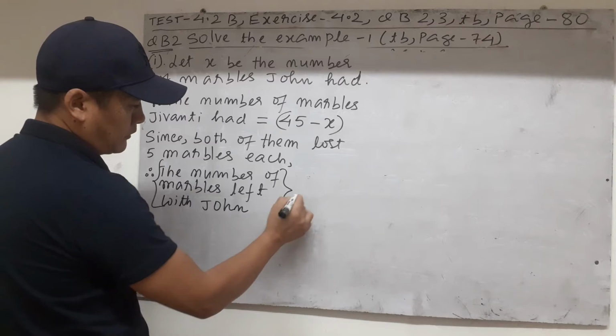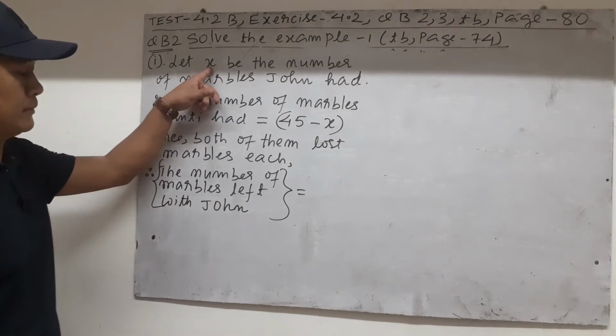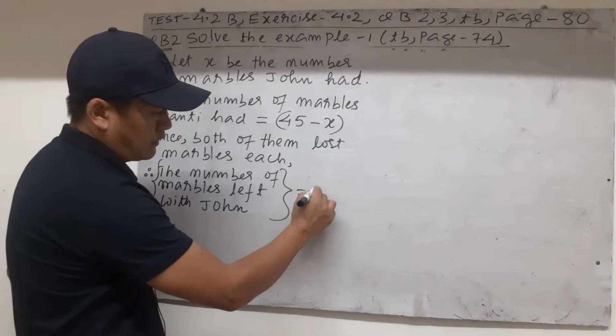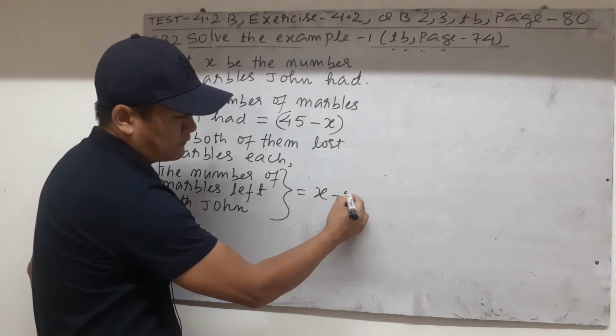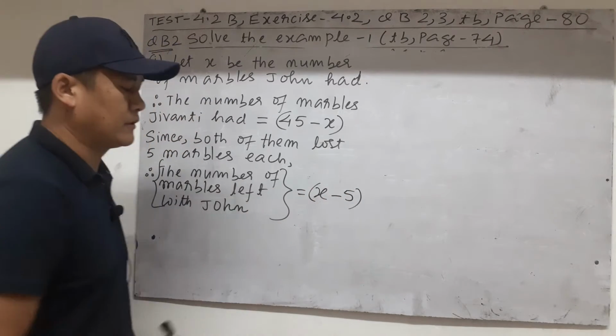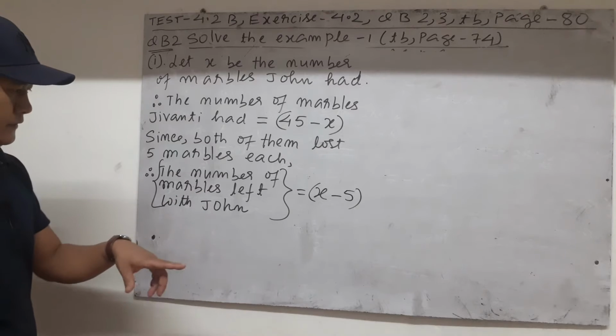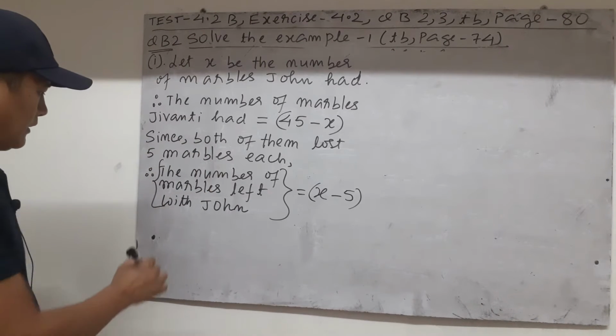Before he had lost any, the original is X, but after he lost 5 means whatever he had in the beginning minus 5. So this is the number of marbles after he lost 5.